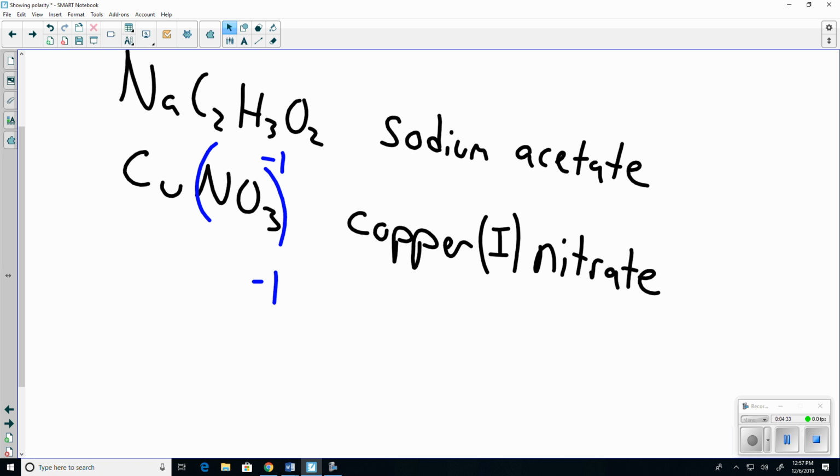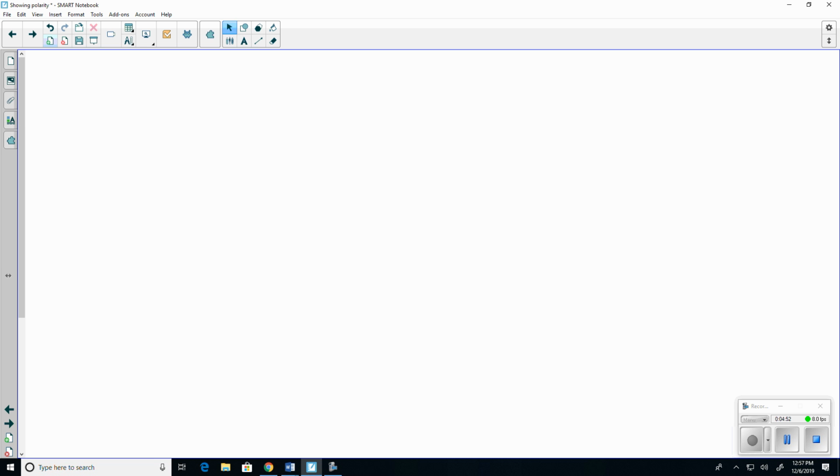What I would like to do, before we finish the rest of this, is have you flip to the back side of this. Part 1 on this worksheet is starting with the formula, give the name. Just like any of our other types of naming, we also have to do the exact opposite route. So I'd like to do the first 2 of these with you, then give you a chance to work with each other on your own.